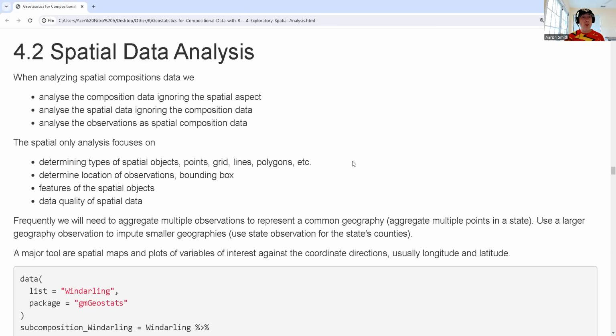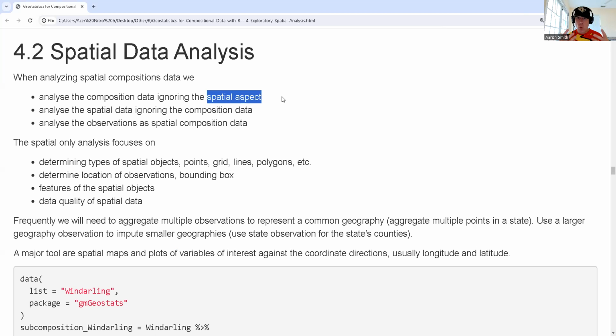When we're talking about spatial data analysis, we're first going to analyze my data as if it's not spatial at all, and I'm going to analyze my spatial data considering only that. And then after I do both of those, I'm going to do my full spatial data analysis, considering both my measurements and my location. So when I have composition data, first I'm going to analyze my composition data, ignoring the spatial aspect.